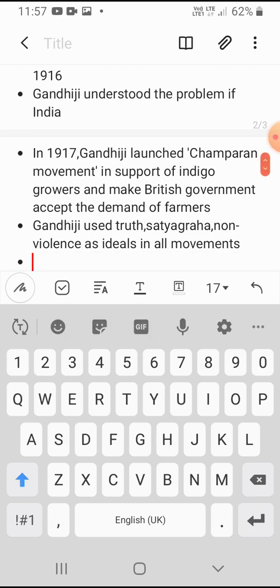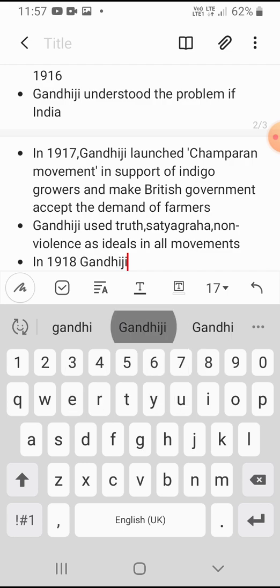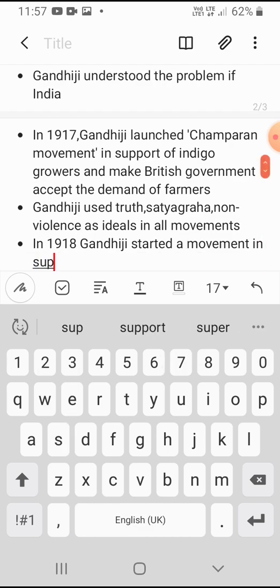And after that, in 1918, Gandhiji started a movement in support of mill workers of Ahmedabad.